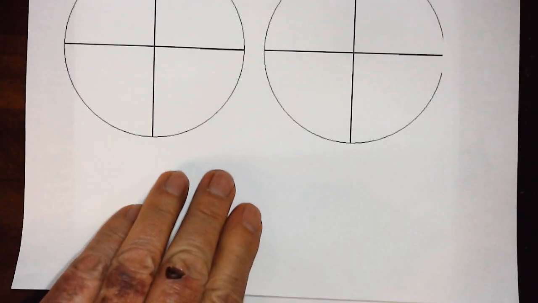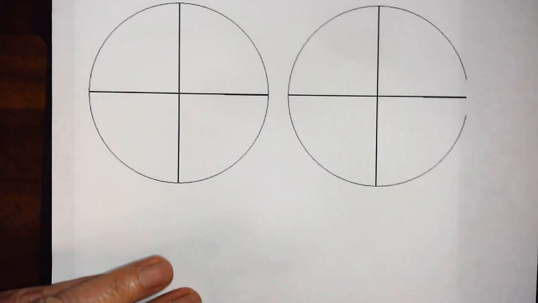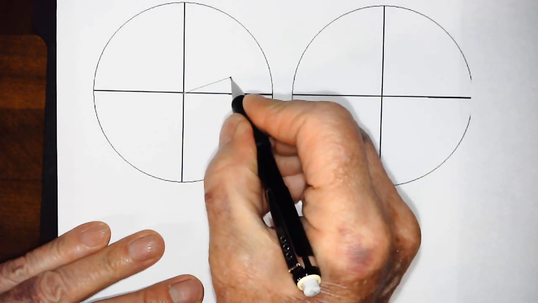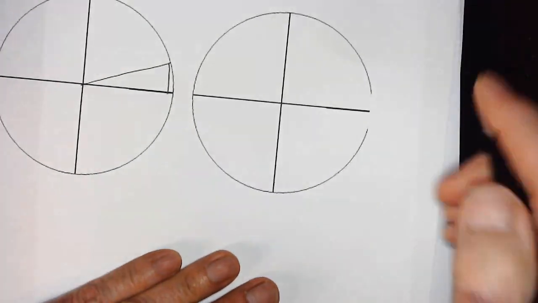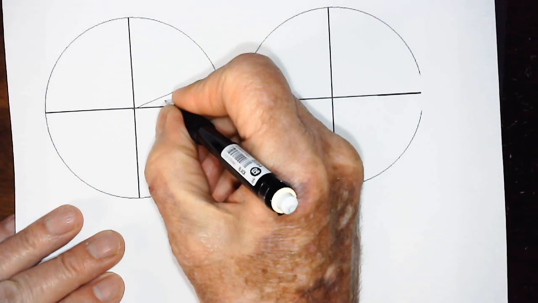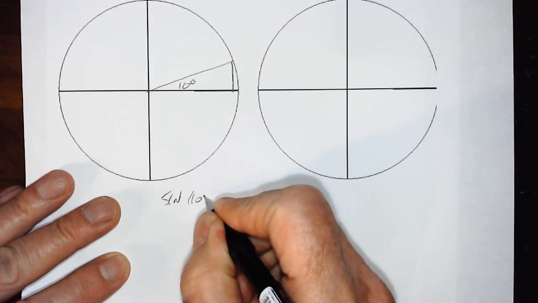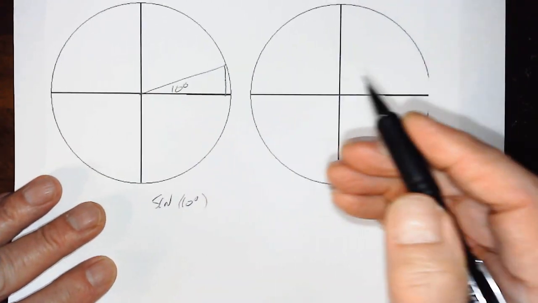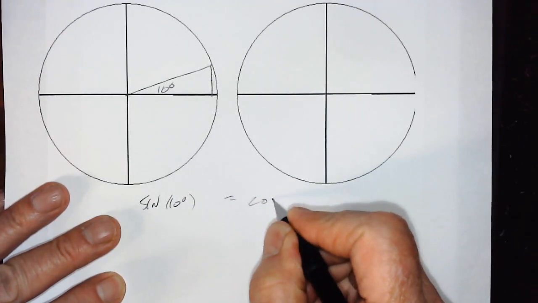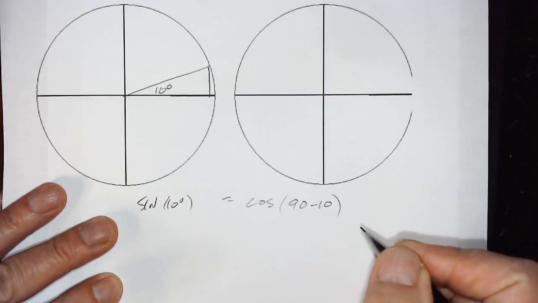Let's take another angle. What if we had an angle like 10 degrees, kind of a little one. By the way, I'll save that point for later. Now, the sine of 10 degrees, which as we know is this side of the triangle over the hypotenuse, should be, and we'll check this with a calculator, equal to the cosine of 90 minus 10.